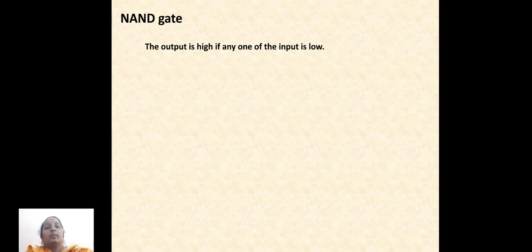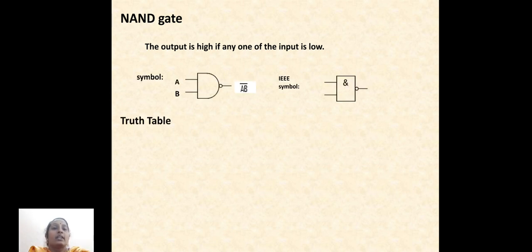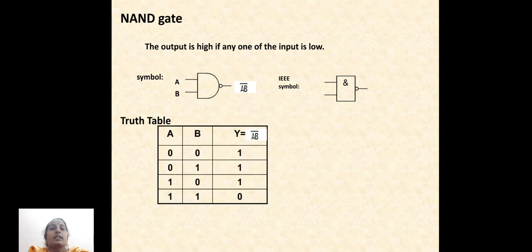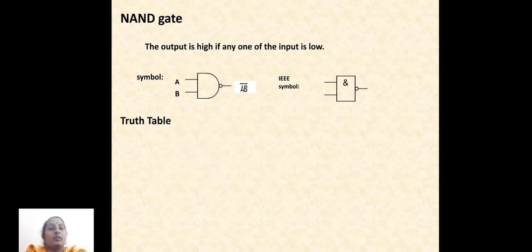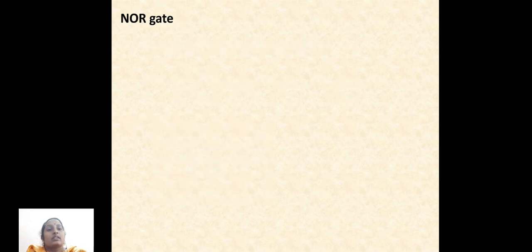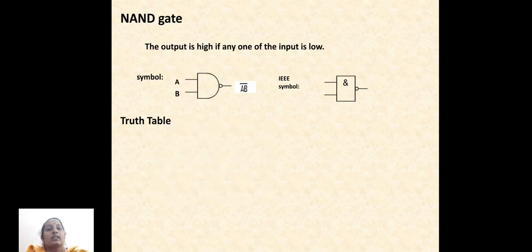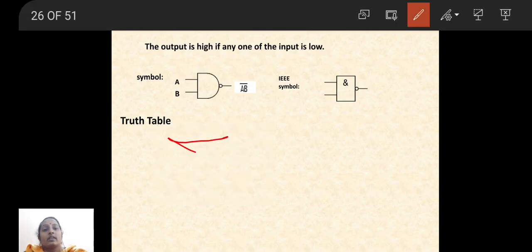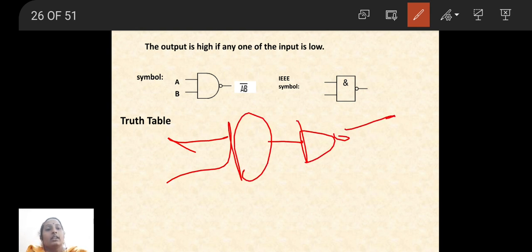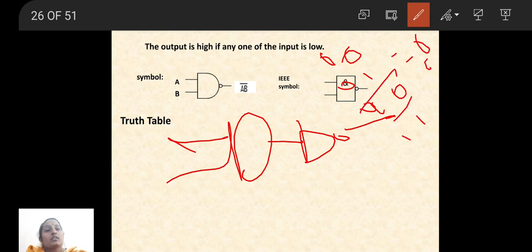And see here, while coming to the NAND gates, this is the combinational gate. It is the combination of AND plus NOT function. In AND function, if any of the input is 0, the output is 0.